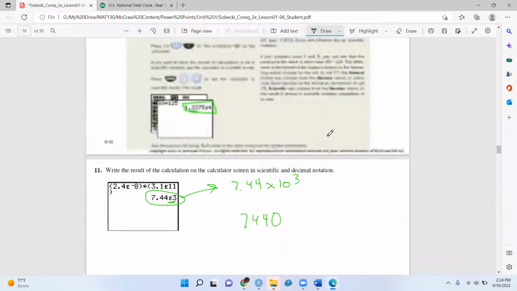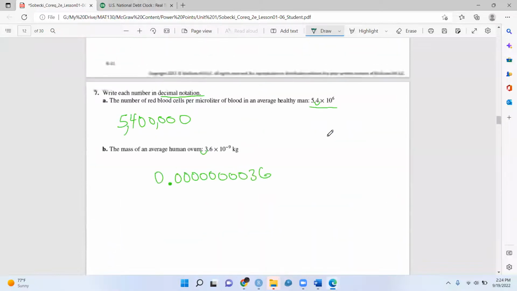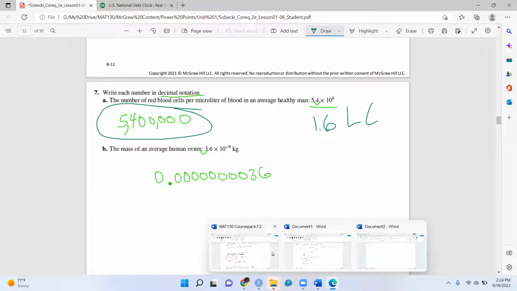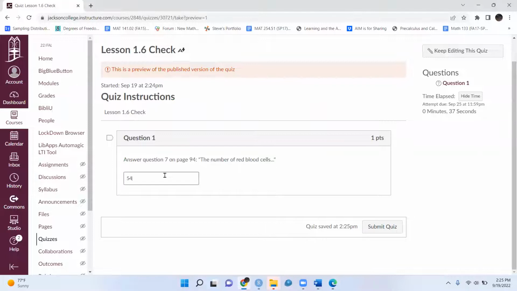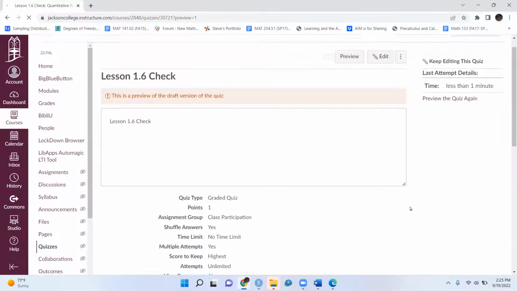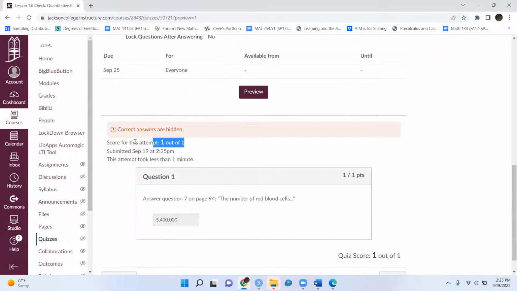Right here. So this is the 1.6 lesson check, and you're just typing in this answer, 5,400,000 red blood cells. Submit quiz. Yay, I got it right.